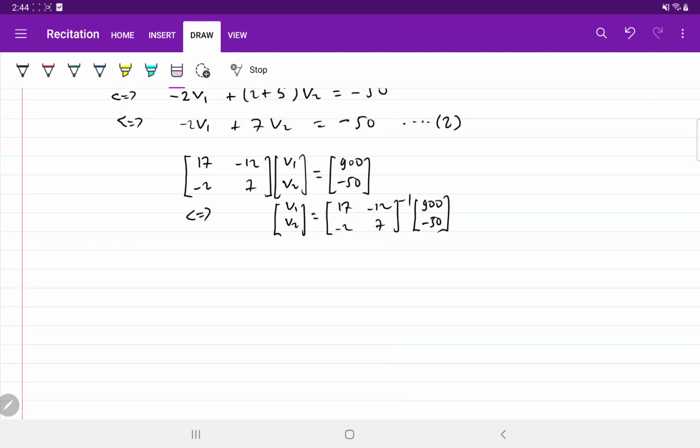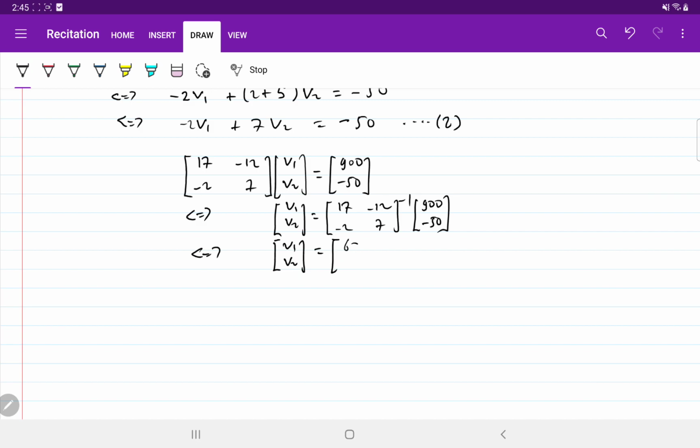So I believe you should know how to invert a matrix, 2 by 2, 3 by 3. You should know how to do that, so I will not show the steps to obtain the inverse matrix. I will just write the solution here. So once you know the inverse, you can just multiply it with this vector.